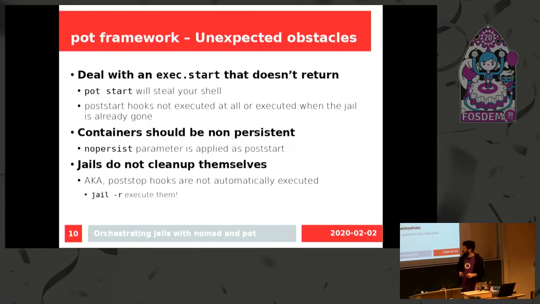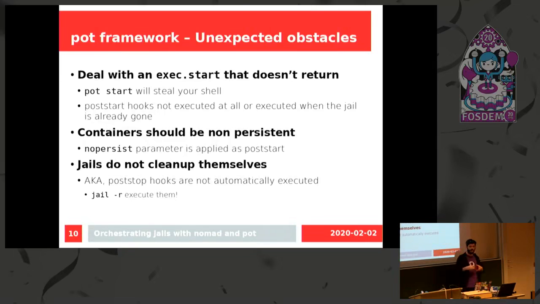Last but not least, jails do not clean up themselves. You know that there are the post stop hooks or the pre-stop hooks and so on. If you have a non-persistent jail, you mount your devices, you create your PF rules, then the jail disappears. Come on, you have to clean up. But you don't have any notification that the jail disappeared, or any way to register a callback.